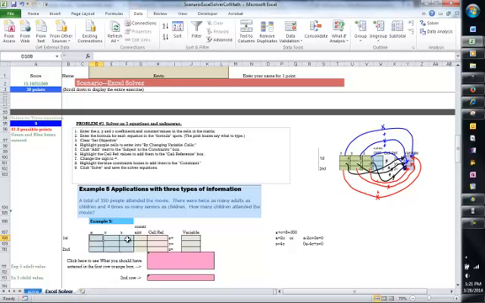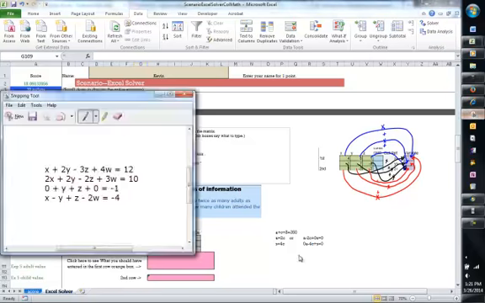It says a total of 350 people, so they were adults, 1 times the number of adults, 1 times the number of children, 1 times the number of seniors. They added up to 350. Now, since it says there were twice as many adults as children, that's here.